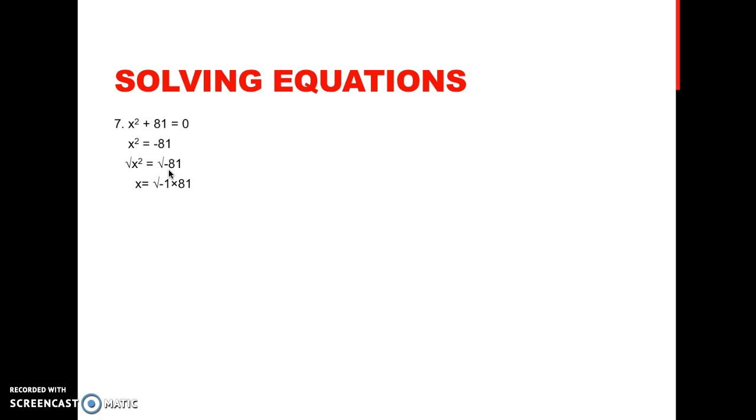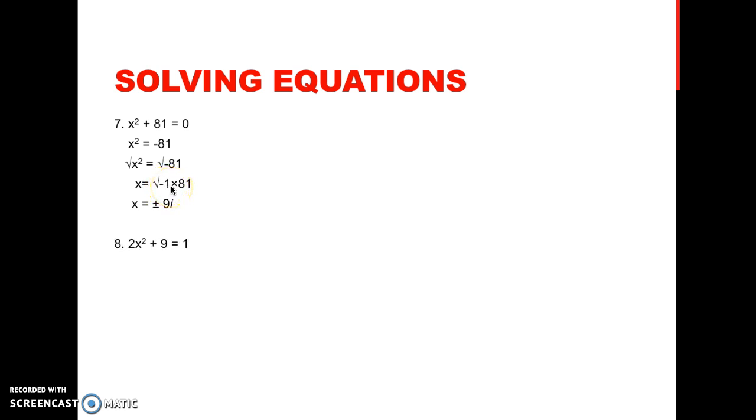So we break it down, as discussed earlier, to the square root of -1 times the square root of 81. So what is the square root of 81? 9. Good job. So we're going to have x equals plus or minus 9i. And remember, we get i because we have the square root of -1.